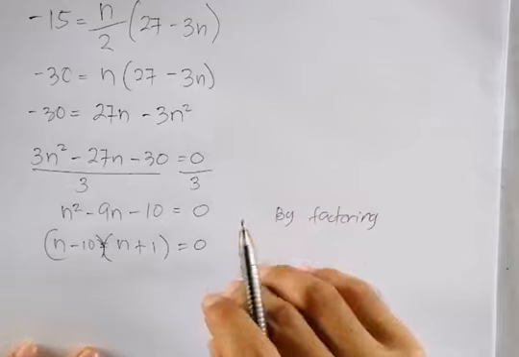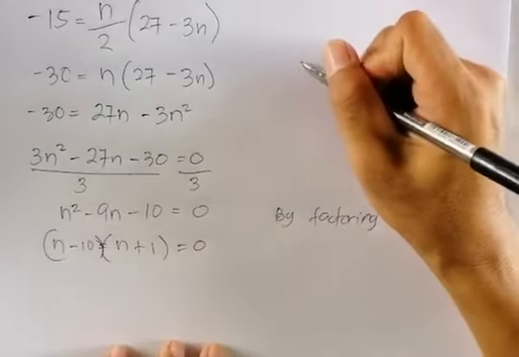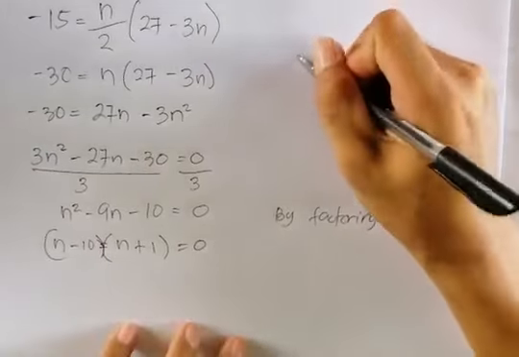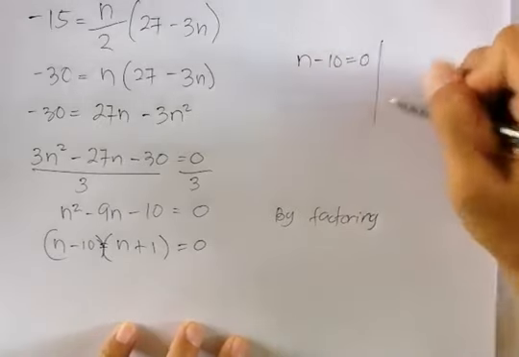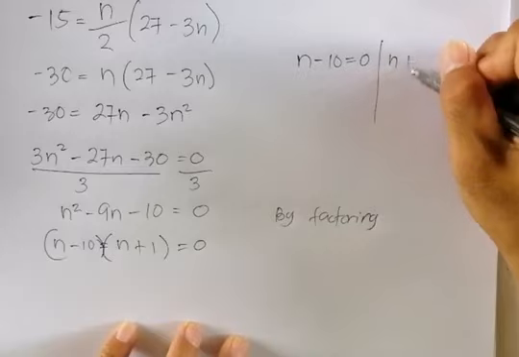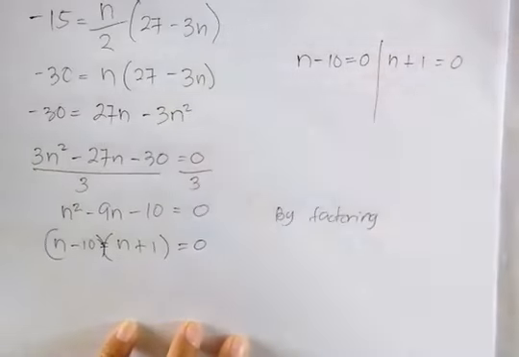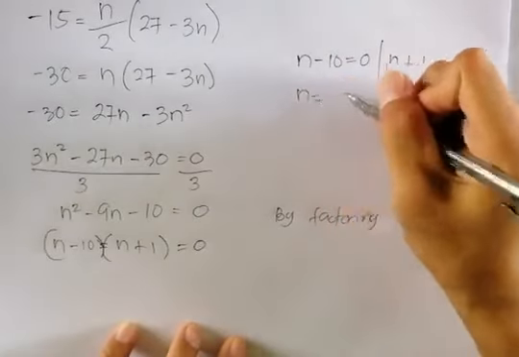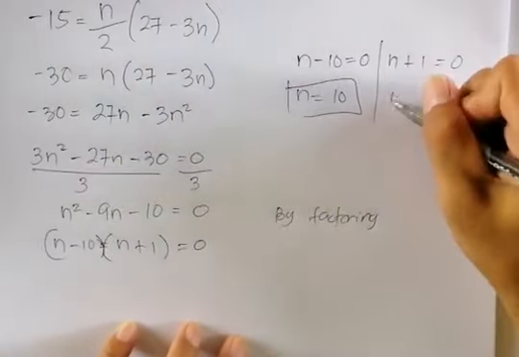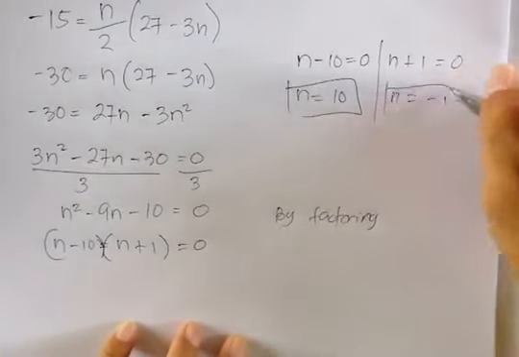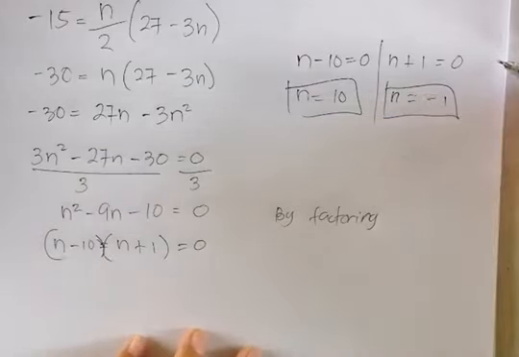So solve for n. So we have n minus 10 is equal to 0 and n plus 1 is equal to 0. So n sub 1 is equal to positive 10. Then n sub 2 is equal to negative 1.